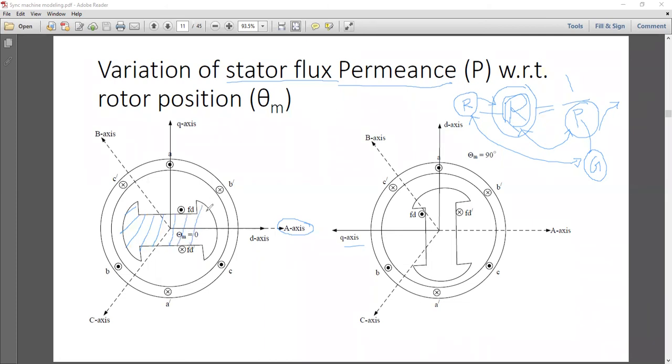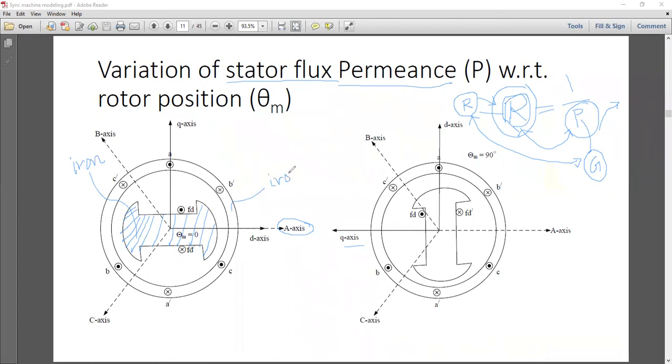Remember, this is the cross-sectional view of the rotor body. This is the rotor core. Now tell me, what's the material? Is it air? Iron core. It is iron core. Excellent. What about this? This is the stator core.